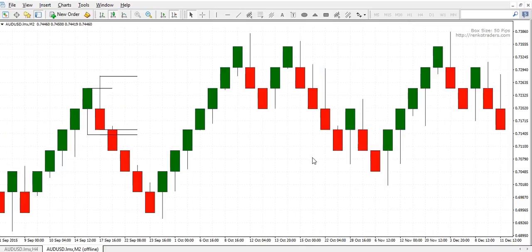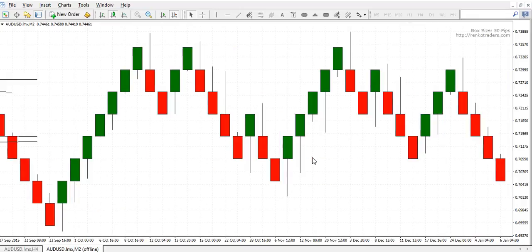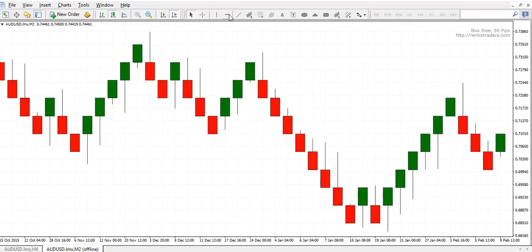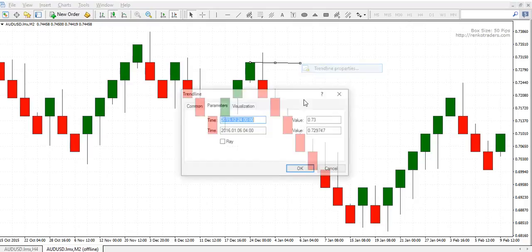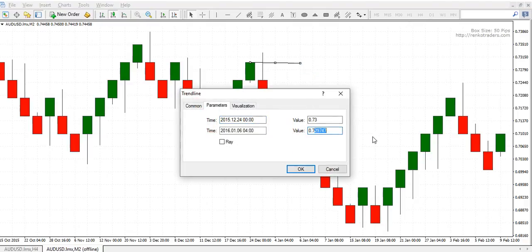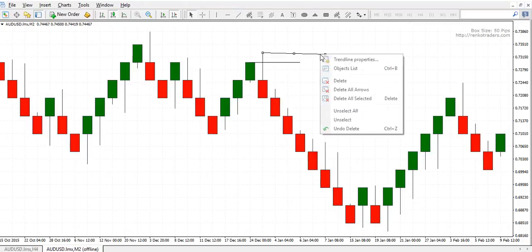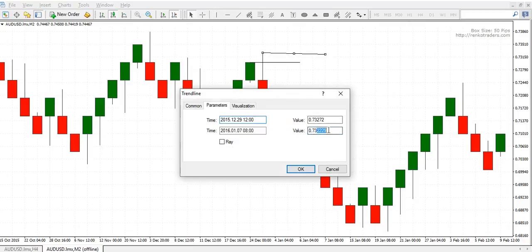So now let's go over again to work out a short trade. As you see here, we've got the high, which is at 0.73. Price then made a new high at 73.272.